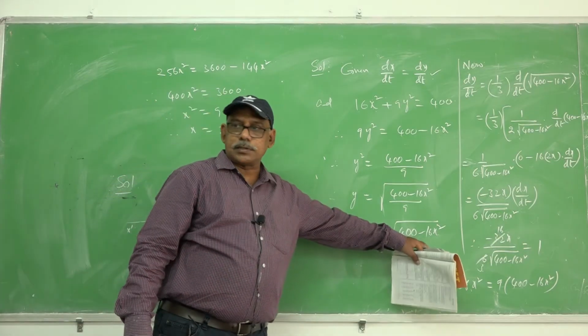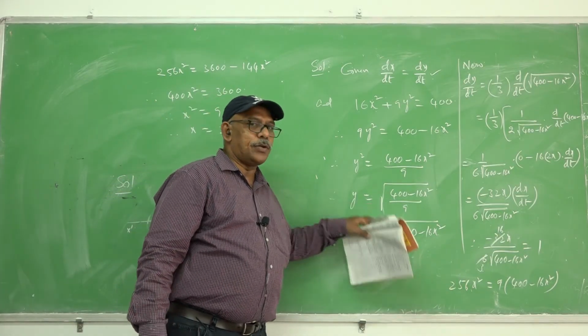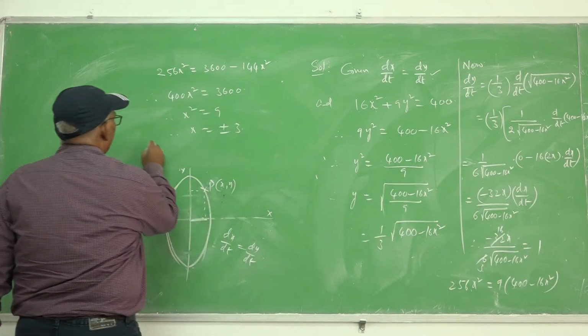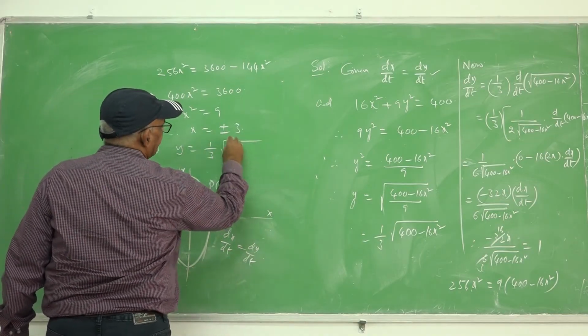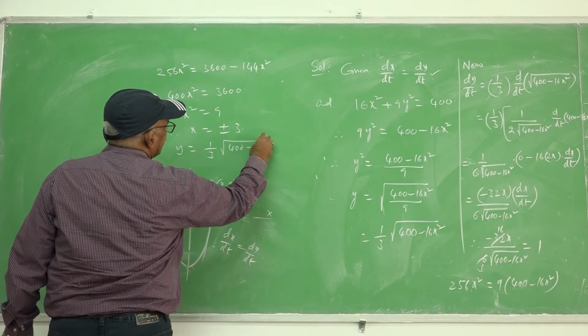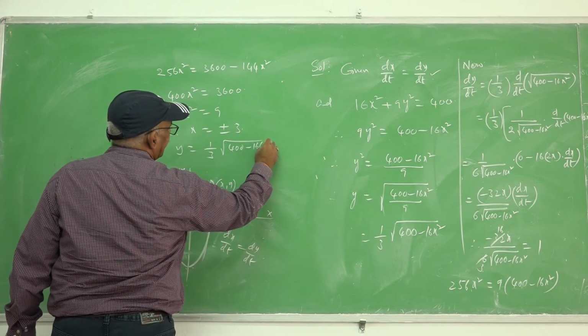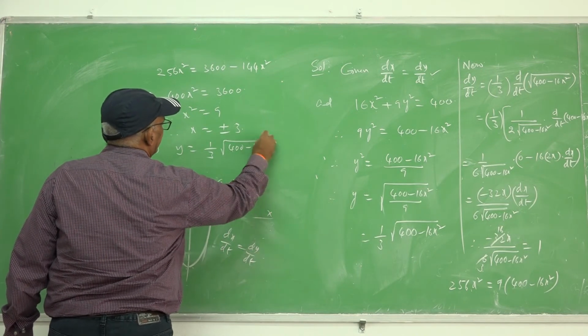For x equal to plus or minus 3, you can get the value of y here. So that implies y takes the value 1 by 3 into square root of 400 minus 16 into 3 square. 3 square or minus 3 square is 9.